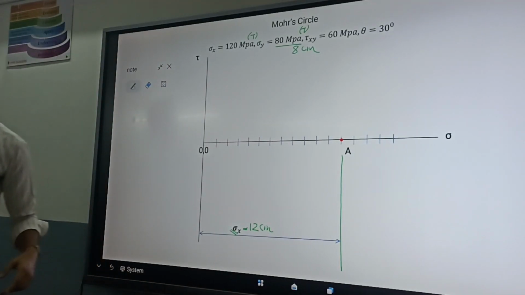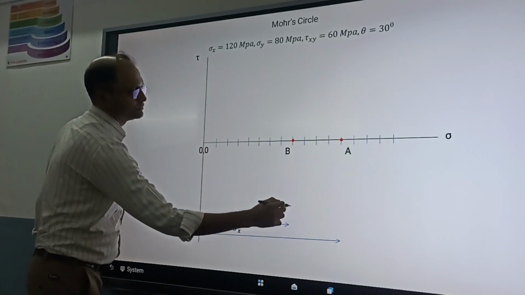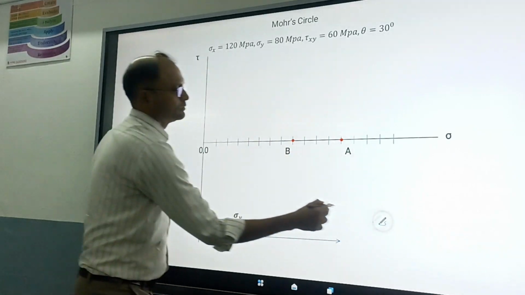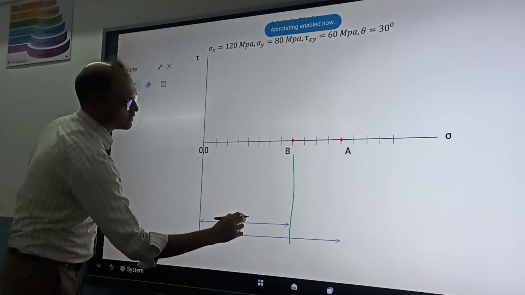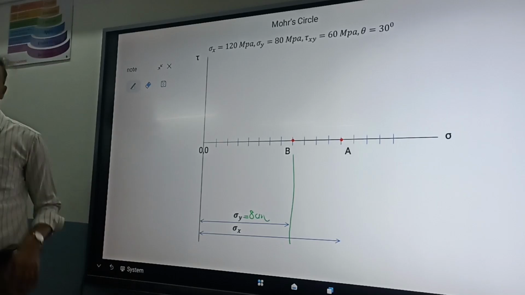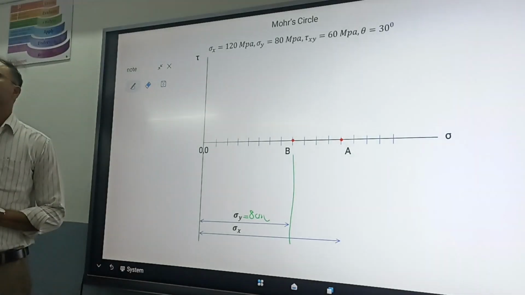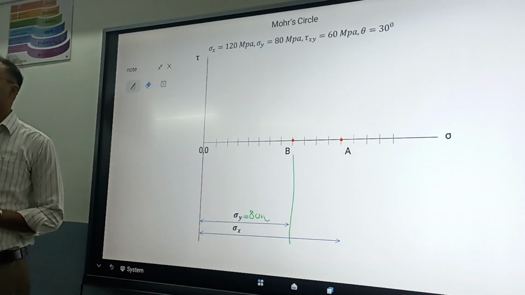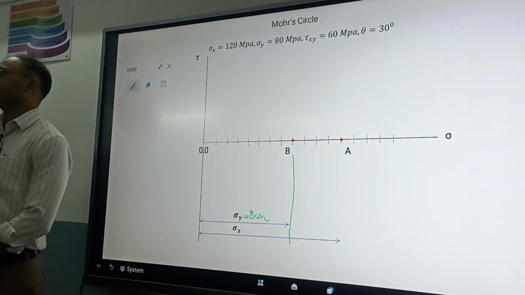So along this same axis plot 8 centimeter. This is sigma y is equal to 8 centimeter, that is 80 MPa. Means we have now plotted sigma x and sigma y.